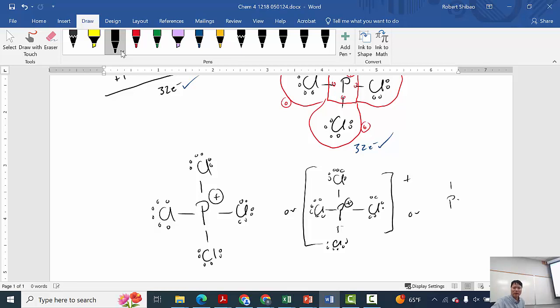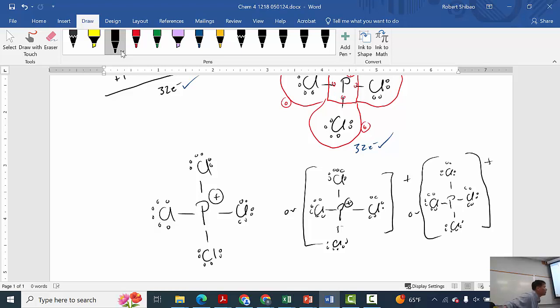Or we just don't even bother writing the formal charge and we just write the net charge, like this. Where we'd have to figure out where that positive charge is, or how that net charge comes about, because the net charge is the sum of all the formal charges.